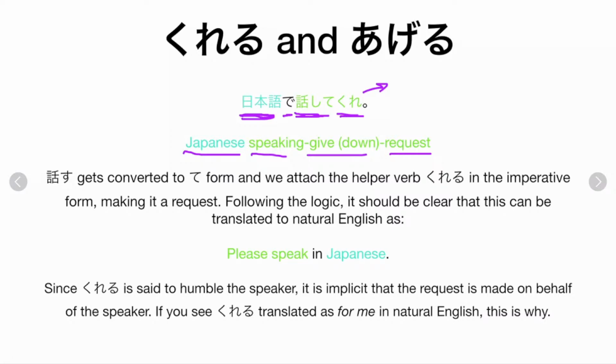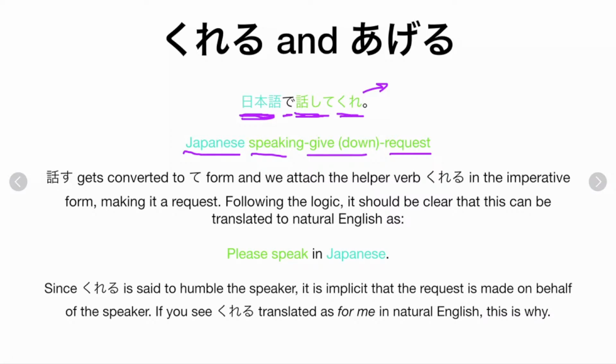In English, you don't say the for me part. Please is already making it a request, so you just say, please speak in Japanese. The kureru part is an additional thing that you need in Japanese, but is not needed in English. And that's because of this hierarchical structure.